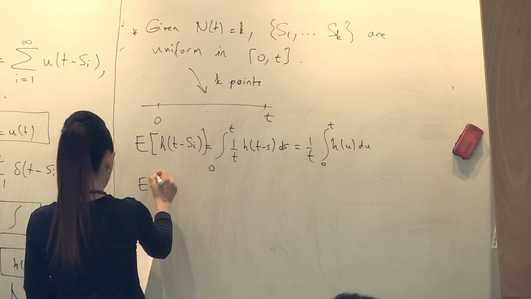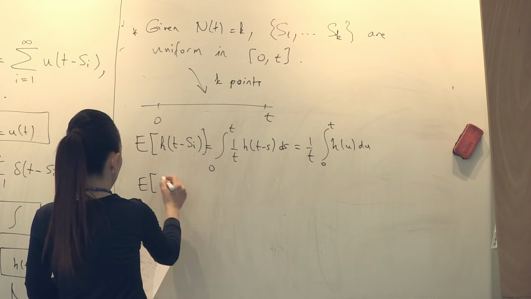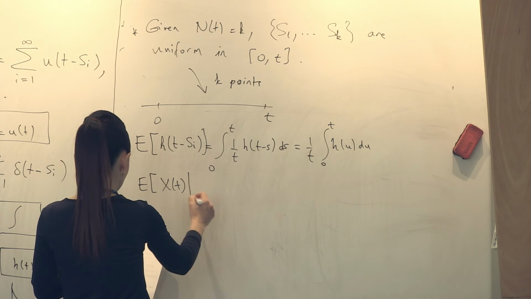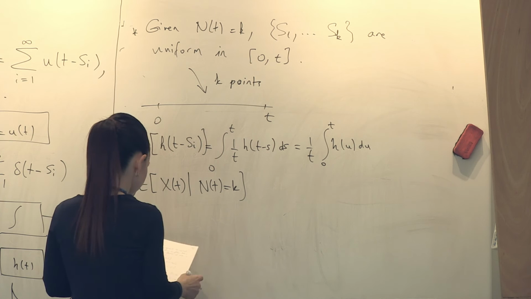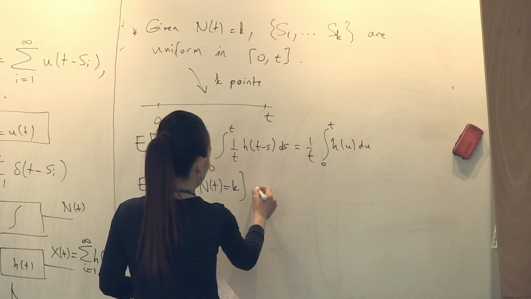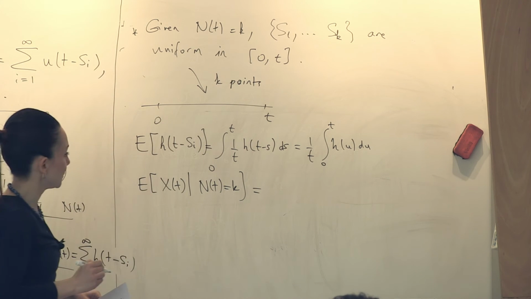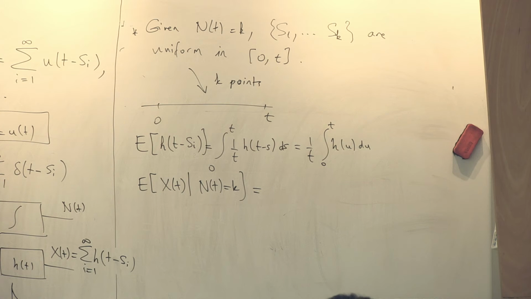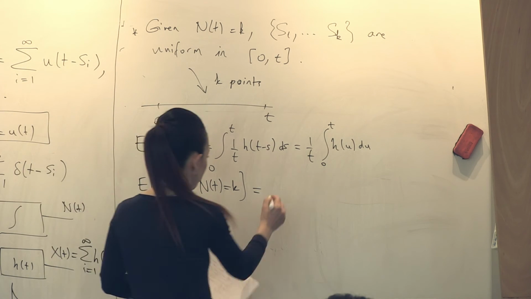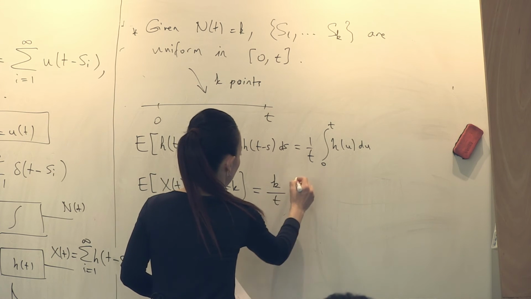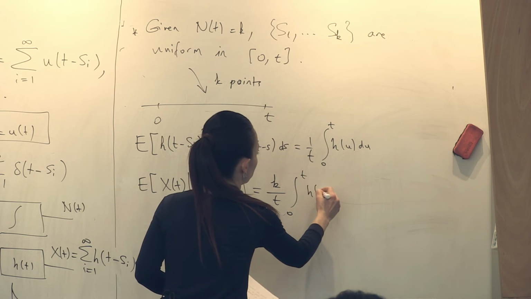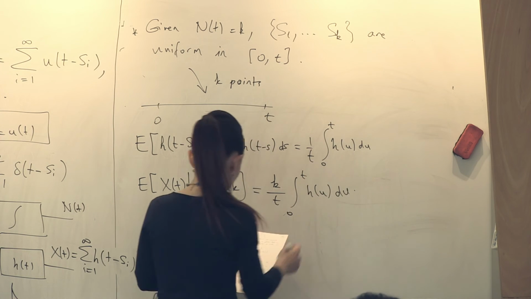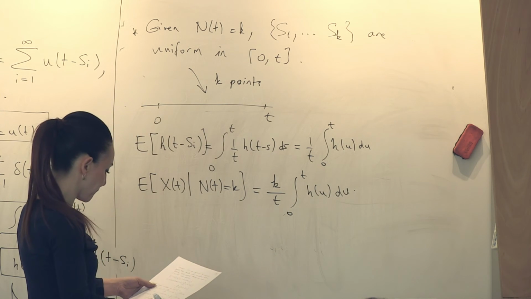Therefore, the expectation of X(t) given N(t) equals k is this sum of identical terms, k over t times the integral of h(u) du.